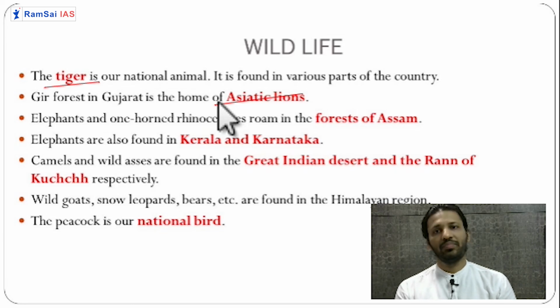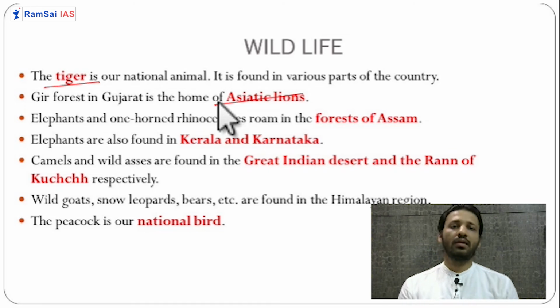In the southern states, starting from Tamil Nadu, Kerala, Karnataka, and a little bit of Maharashtra, we find elephants. In the desert there are wild asses, found in the Kutch plain of Gujarat. The Great Indian bustard is a very rare bird found in Rajasthan, in the Desert National Park.